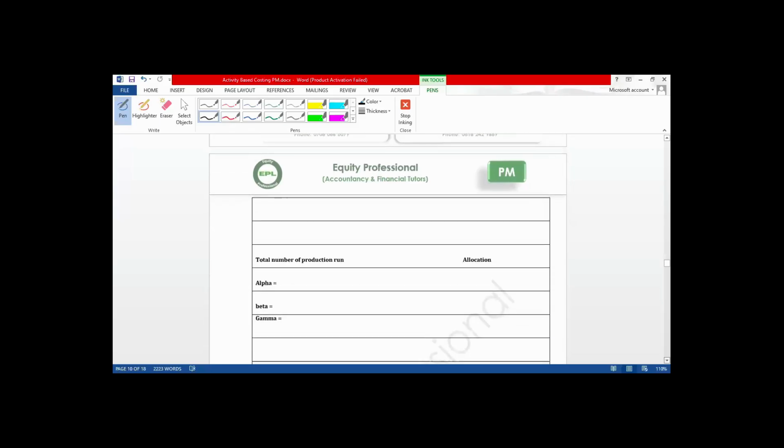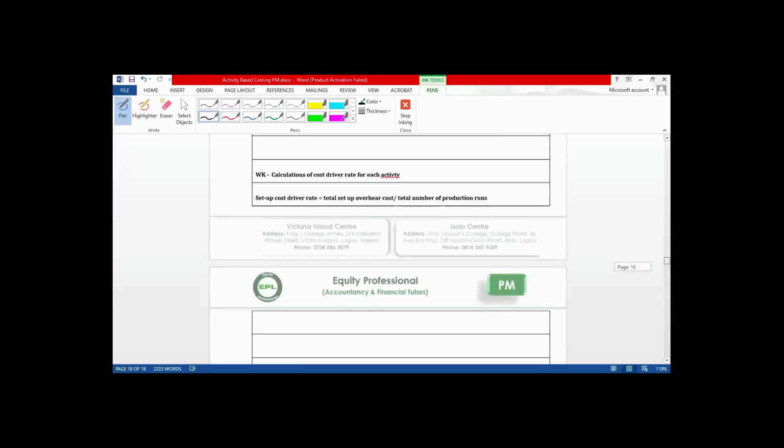Production run for alpha, 5 production run. For beta, 10 production run. For gamma, 25 production run. Totally 40.